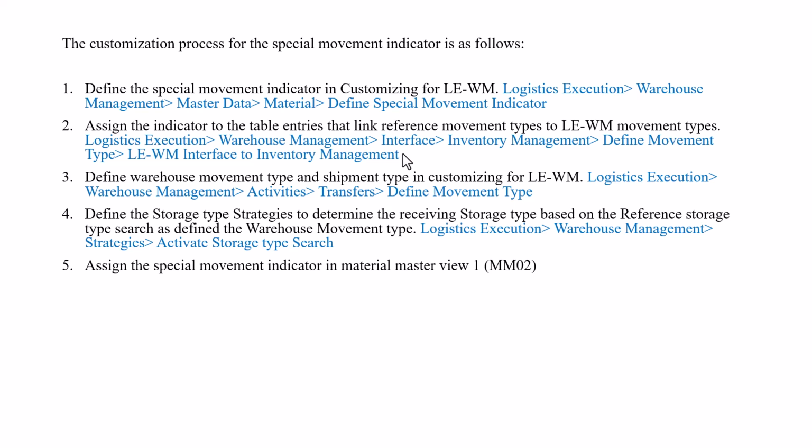Then we have to assign the spatial movement indicator into our storage type search. And the last option is we have to assign the spatial movement indicator in our material master view. Let's go to the SAP system.